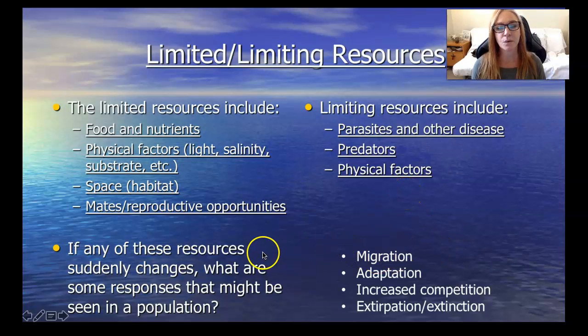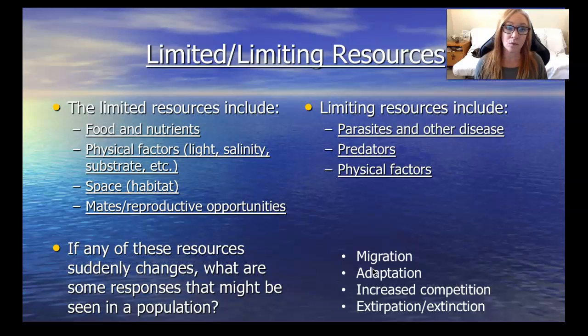So what can happen if any of these limited resources change or start to affect a population? They can respond. They can migrate, meaning they can go to another area and exploit new resources there. They might also be able to adapt, and this is a big one. Adaptation, remember, is random genetic changes to an organism's physical characteristics.